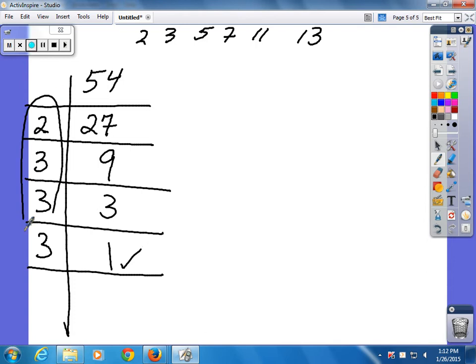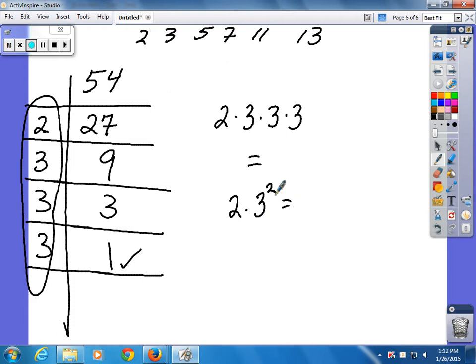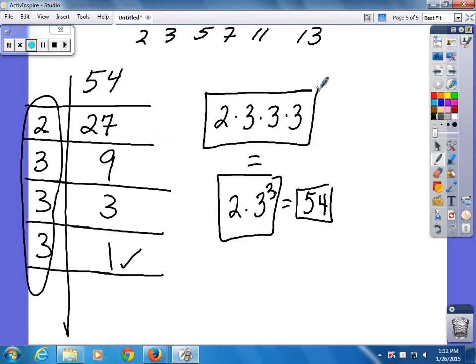So this is your prime factorization. That'd be 2 times 3 times 3 times 3, which is the same thing as 2 times 3 to the third, which is equal to 54.